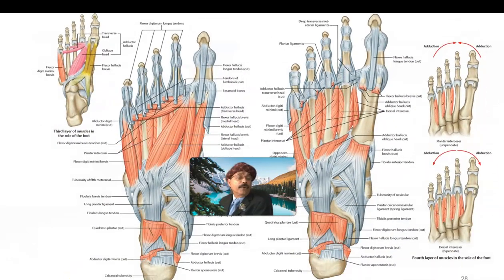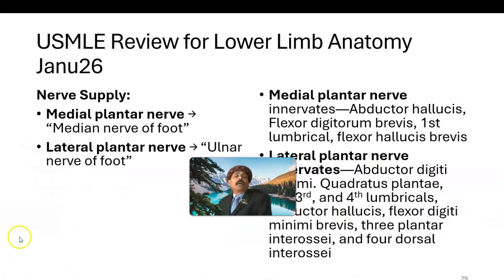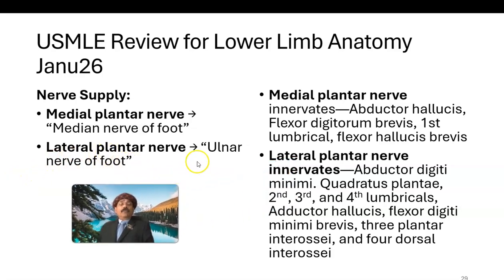Now nerve supply: medial plantar nerve of the foot. It supplies abductor hallucis, flexor digitorum brevis, first lumbrical, and flexor hallucis brevis. Lateral plantar nerve is like the ulnar nerve of the foot.